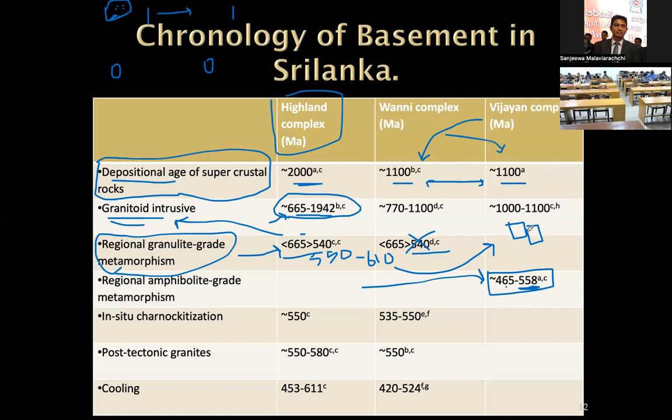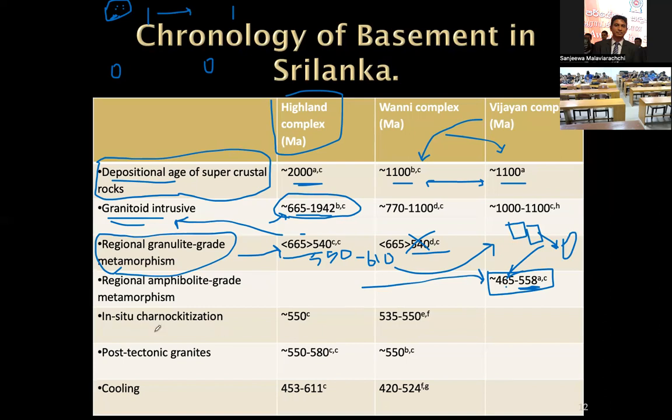That's why the highest temperature rocks are found in the Highland and Vanni complexes. And then these two together collided with the Vijayan complex a little later, right? The collision, according to the data, seems a little bit delayed. So this altogether collided with this one, but it did not create very high temperatures. Relatively low temperature conditions were generated. So that's why amphibolite phase metamorphism was there in the Vijayan complex.